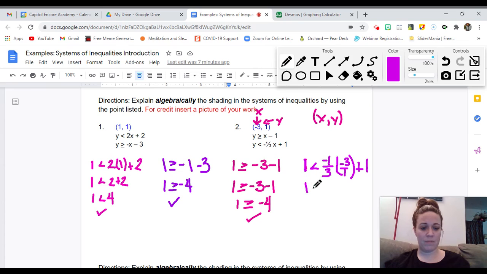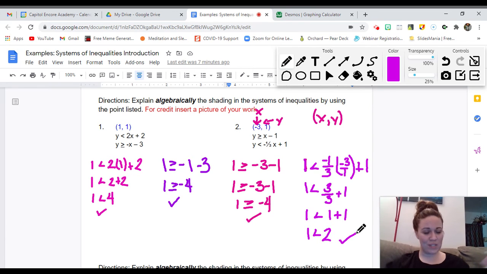So is 1 less than -1 times -3 is a +3. 3 times +1 is a +3. Add 1. So is 1 less than, bear with me, 3 divided by 3 is 1, plus 1. Is 1 less than 2? Yes, that is a true statement.